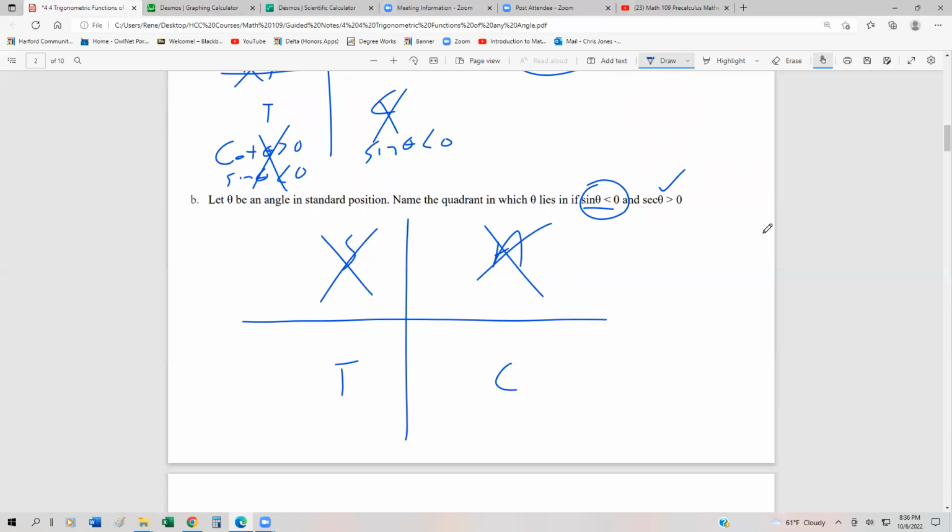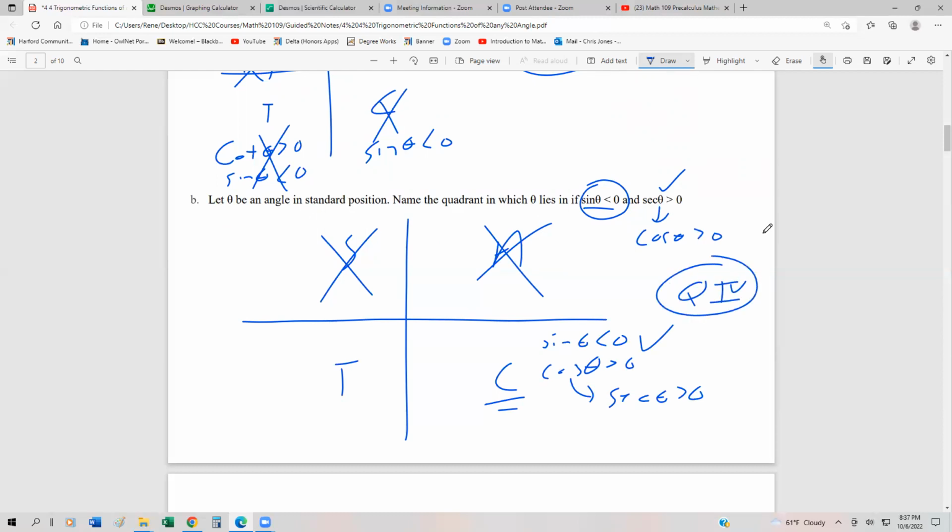The secant has the same sign as the cosine function, so if secant is greater than 0, then cosine is greater than 0. Quadrant 4 meets that, because there the sine of theta is less than 0 and the cosine of theta is greater than 0, which inherently means the secant of theta is greater than 0. So it's got to be quadrant 4.